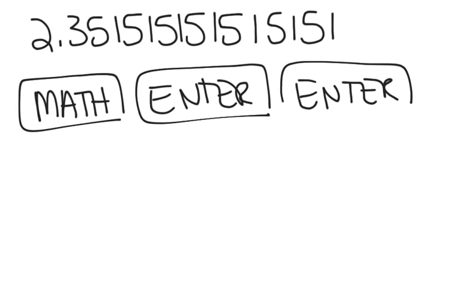It's a neat little trick on the graphing calculator for changing repeating decimals back into fractions. But remember, in order to use math enter, you have to keep typing in the repeating part so that it fills up at least one line on the graphing calculator.